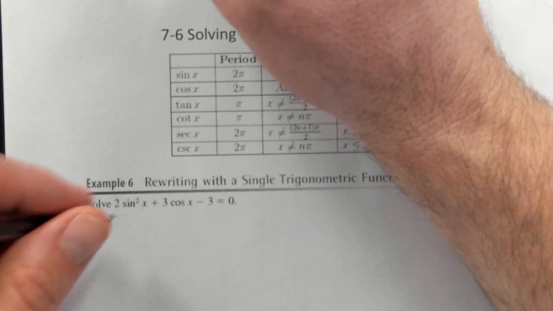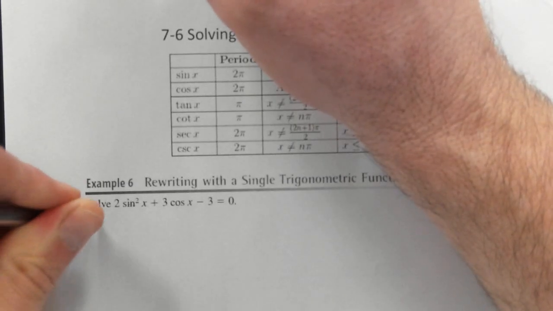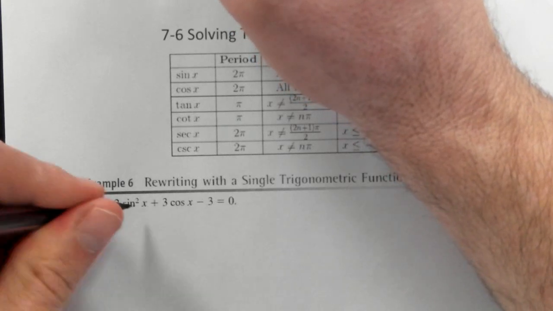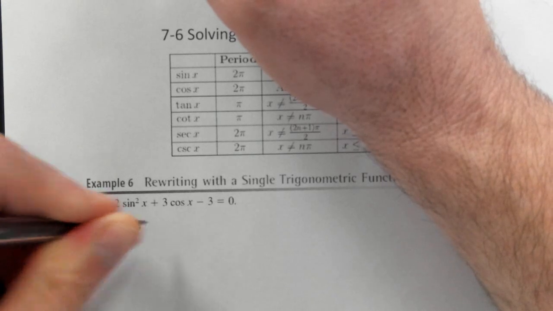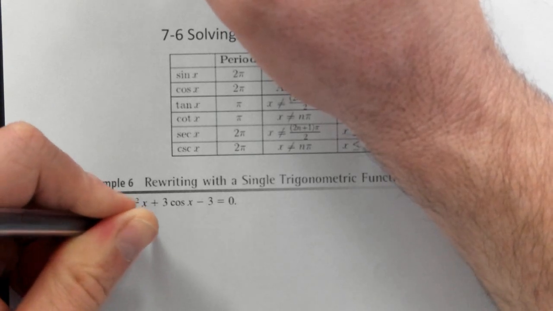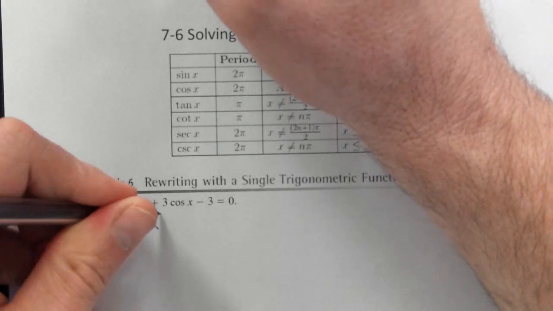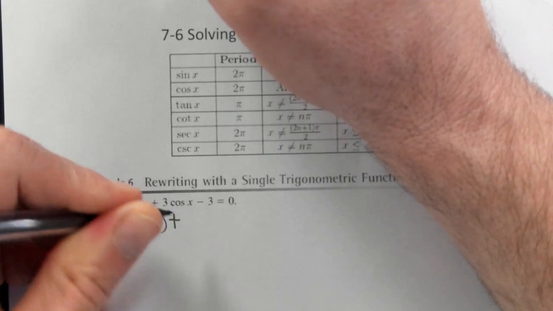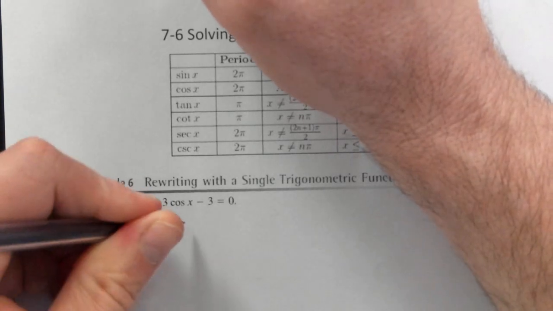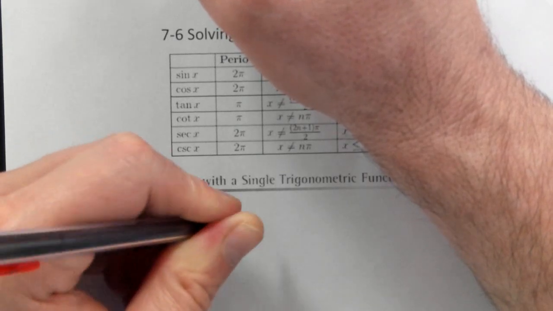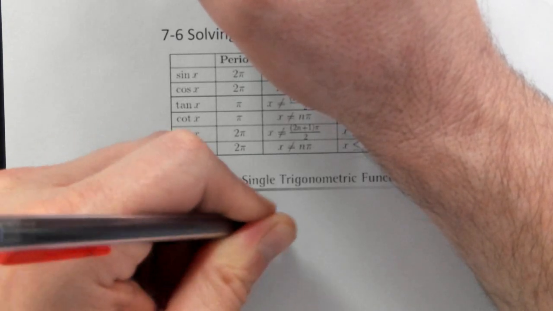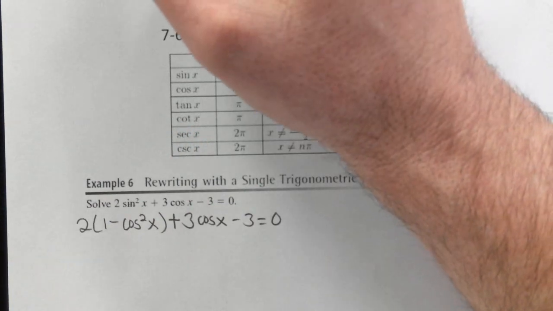So when I do that, here's what it becomes. 2 open, so I'm changing sine squared to 1 minus cosine squared. And then the rest of that will be the same, plus 3 cosine x minus 3 equals 0.